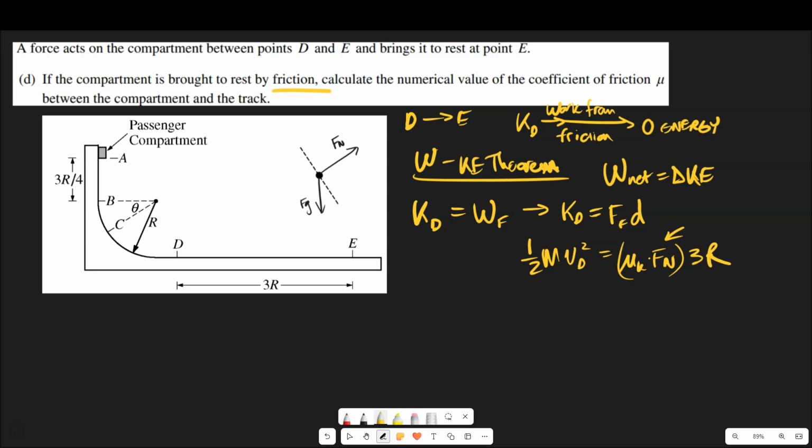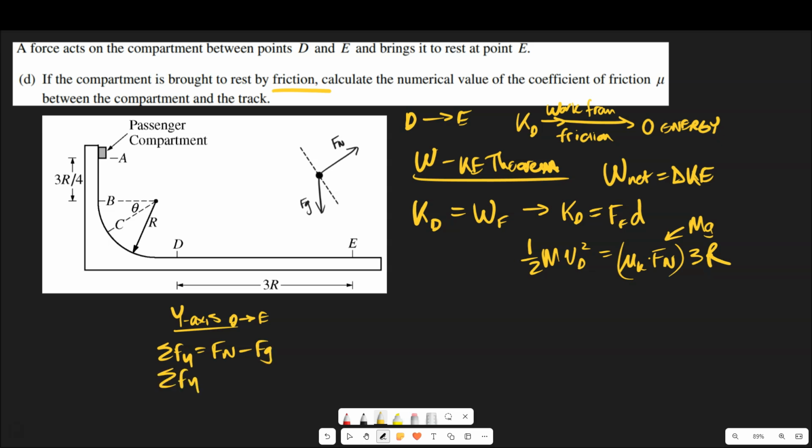In this case, it's on a flat horizontal surface, so this is just going to be m times g. I could prove that to you. I could use the sum of the forces strategy really quickly and let you think about this as we go from D to E. In terms of the y-axis, what are our two forces? Well, the sum of the forces in the y is equal to the normal force minus the force due to gravity.